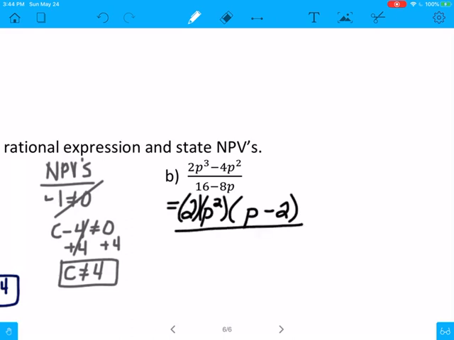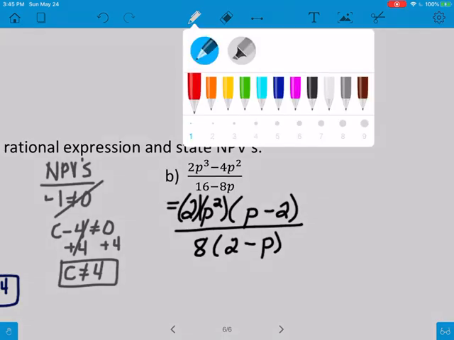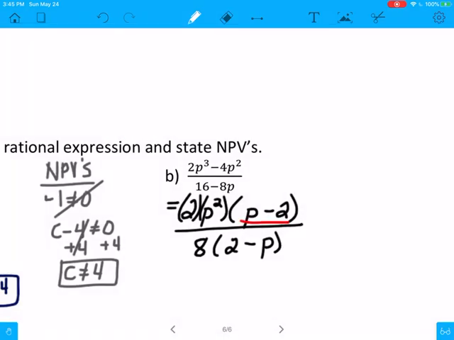On the bottom, I have 16 minus 8p. So I can take out an 8. When I take 16 divided by 8, I get 2. Minus 8p divided by 8 is p. Now if you look at, let me get a red out here, this is positive p minus 2. This is positive 2 minus p. So they're the exact same, 2 and p, but wrong signs.